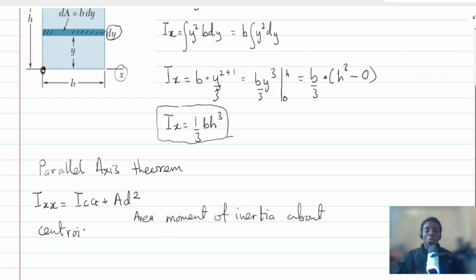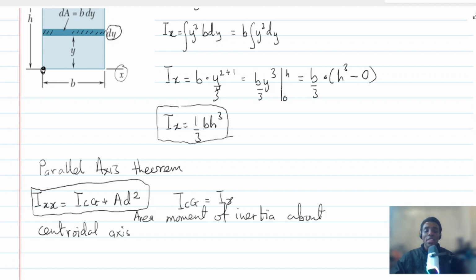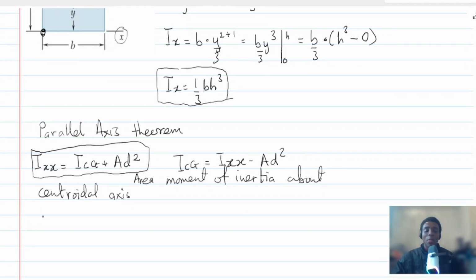Now, we can use this formula to find the area moment of inertia of the rectangle about the centroid. Using this formula, ICG will be Ixx minus A d squared. In other words, we want to find the area moment of inertia about the centroid.